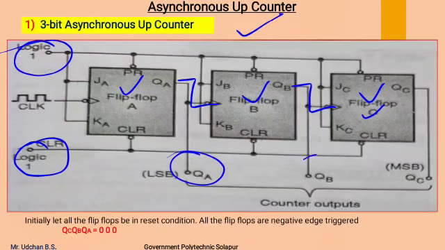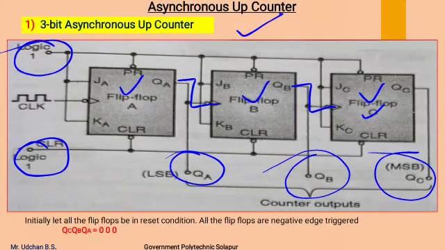And these are the three outputs of the flip-flops QC, QB, QA, in which QC is the MSB whereas QA is the LSB. Initially, before we see the operation of the asynchronous up counter, we can consider the outputs of all the flip-flops in a reset condition, that is QC, QB, QA equal to 0, 0, 0.